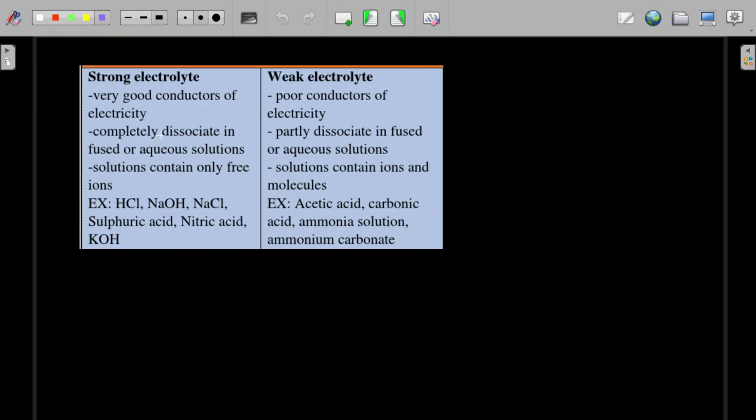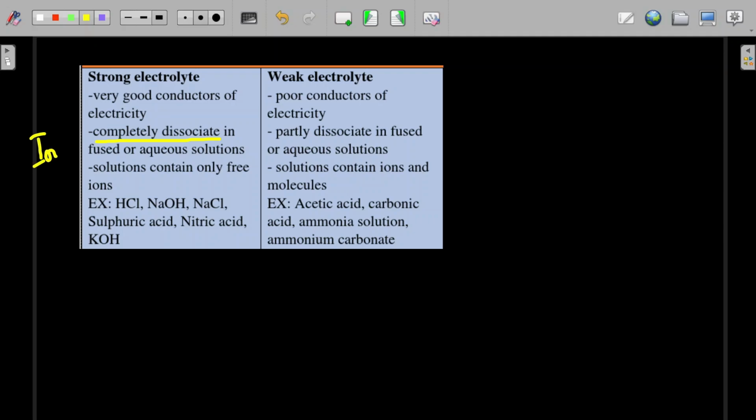Strong electrolyte, weak electrolyte, the key term: completely dissociate. If it is an ionic compound, write completely dissociate. If it is a polar covalent compound, then you write completely ionizes. Only for polar covalent compound, it completely ionizes in aqueous solution.